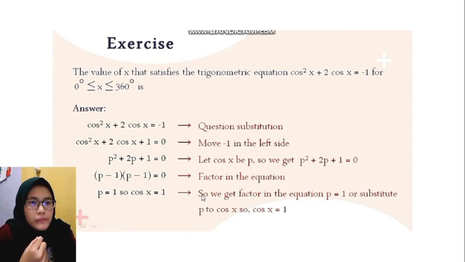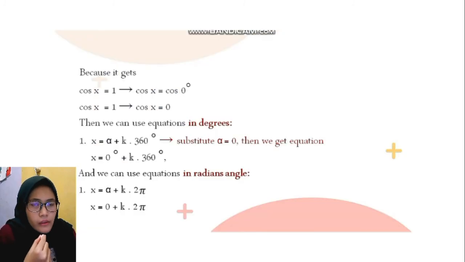equals minus 1, or substituting p with cos x, cos x equals minus 1. Because cos x equals minus 1, cos x equals cos 180 degrees. Then we can use the equation in degrees: x equals a plus k multiplied by 360 degrees.